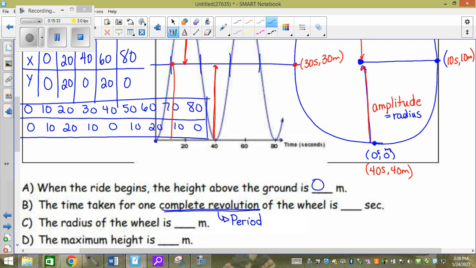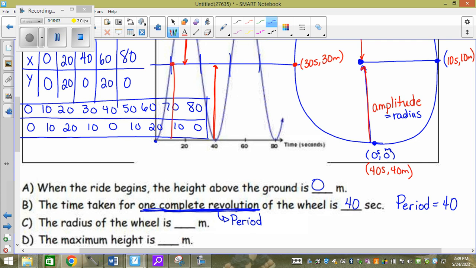So how long did this one take till it repeated itself? How many seconds? 40. This whole circle took 40 seconds. So the period of this graph equals 40, but also one revolution is 40. They're interchangeable. So radius is interchangeable with amplitude. One revolution is interchangeable with period.